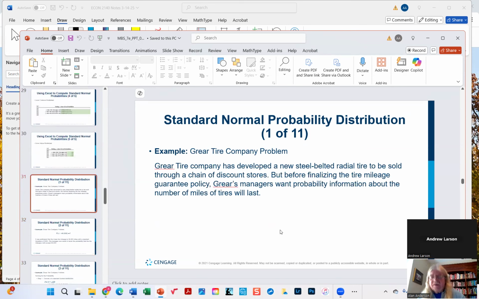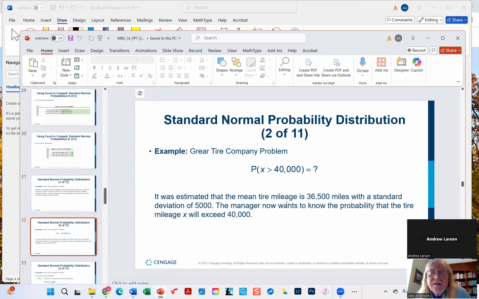So here's a tire company, and they have these new steel belted radials. They're going to sell them through a chain of discount stores, but they want to know the likelihood of the tires lasting a certain number of miles. So they're telling us down here that the length of time that the tires last is normally distributed.